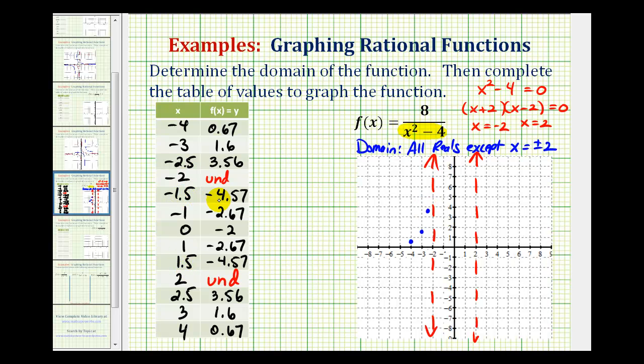So negative 1.5, negative 4.57, somewhere in here. Negative 1, negative 2.67. 0, negative 2, our y-intercept is here. 1, negative 2.67. 1.5, negative 4.57.